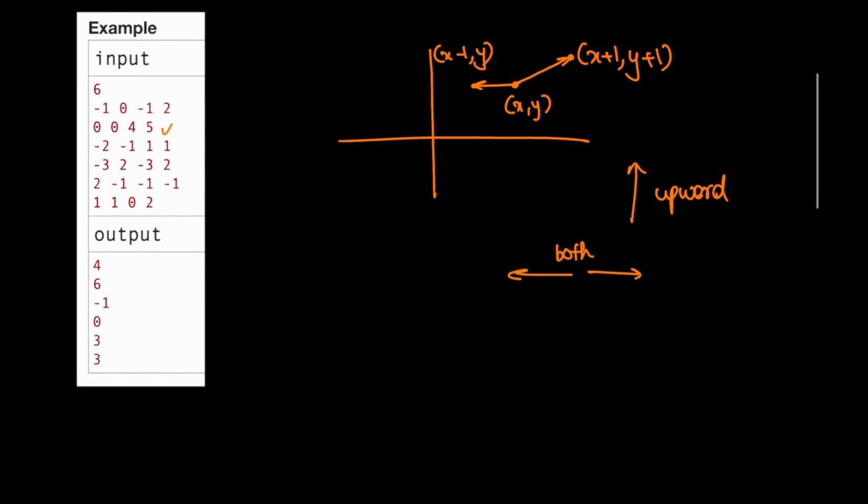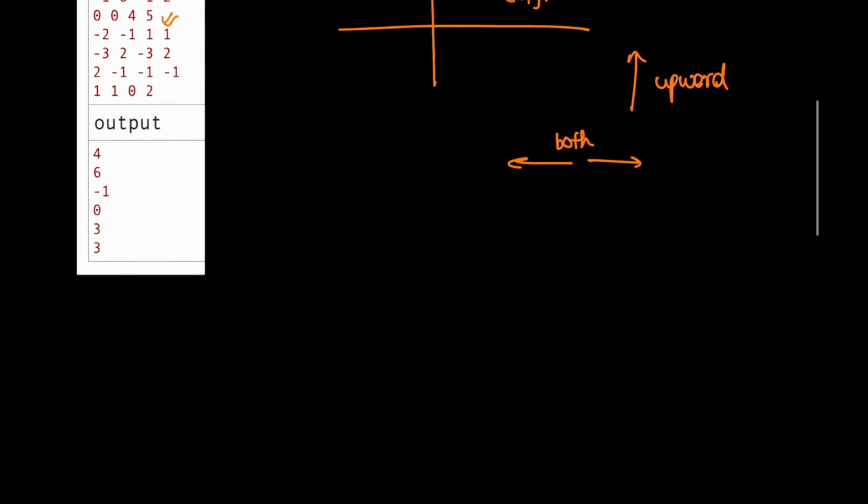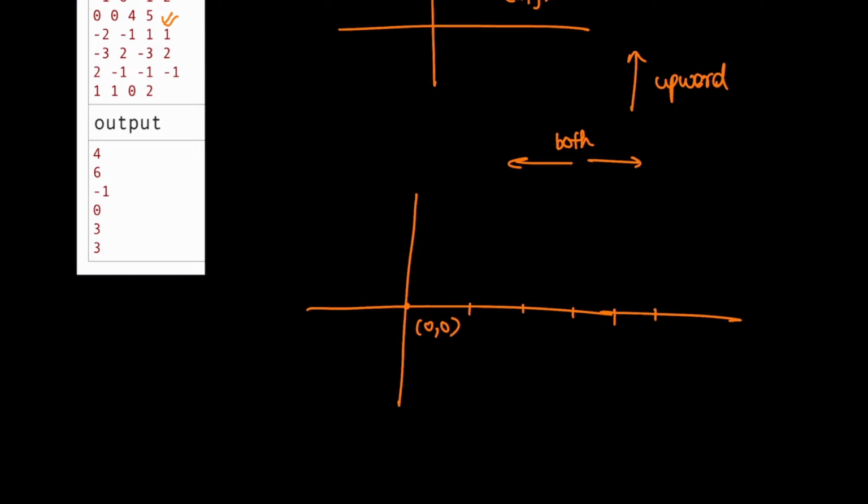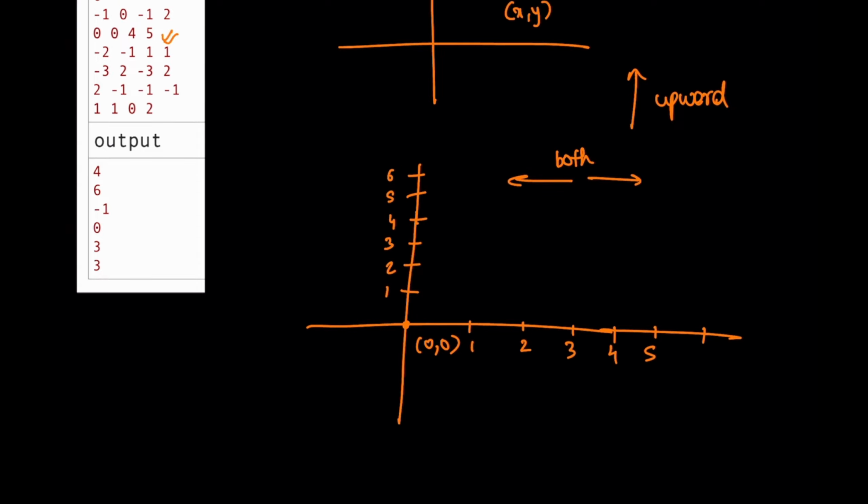So let's take the second test case and try to implement it. It's given we are at 0, 0 and we need to move to the point 4, 5. So we need to reach here. Now in order to move to this point, first we'll cover the y-axis.